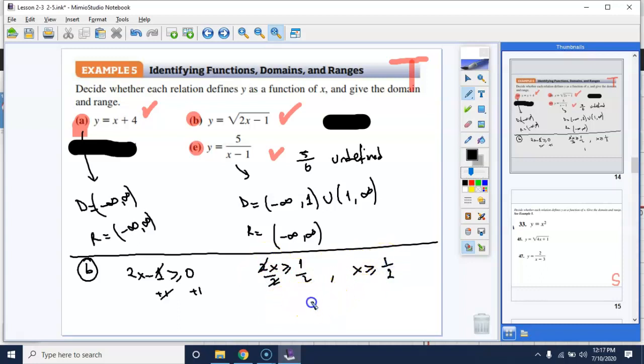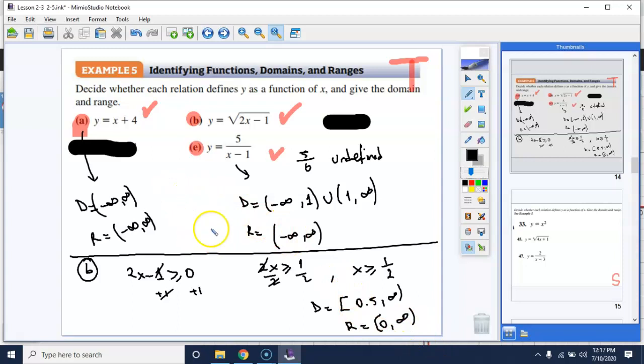So my domain is 1/2, or 0.5, to infinity. And for the range, my outcome is always positive, so I'm going to say 0 to infinity. Here we are, that's my answer.